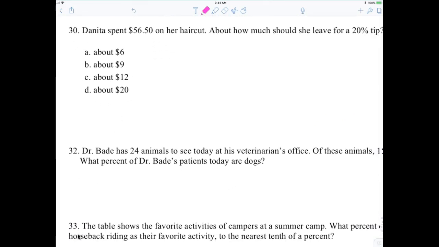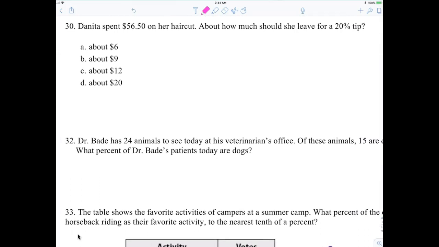Let's talk about question number 30. This is important. This is kind of mental math. Read me number 30 real quick. What I would do is $56.50 times 0.20.